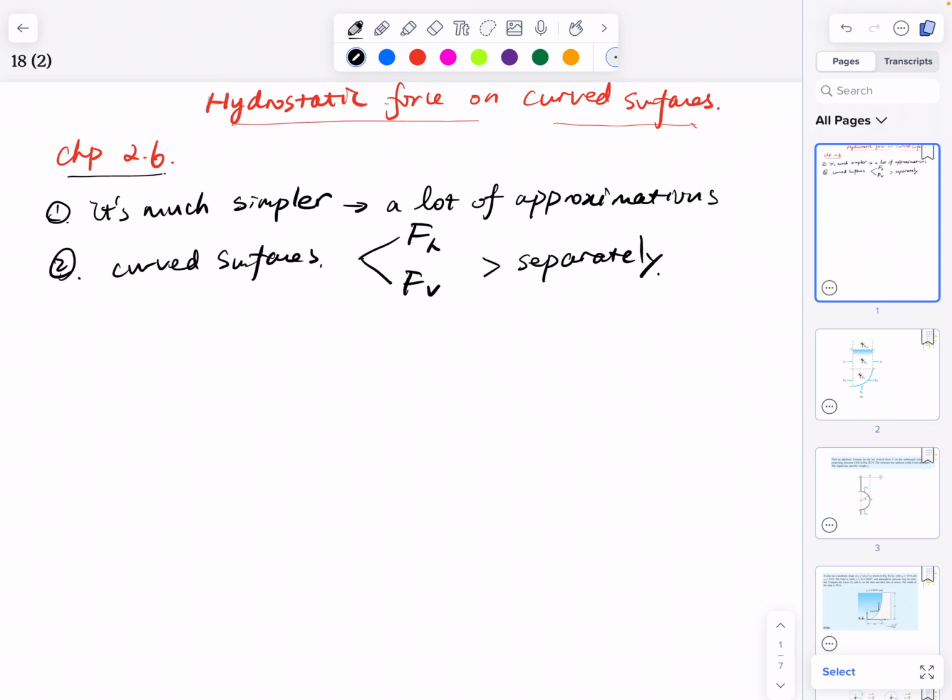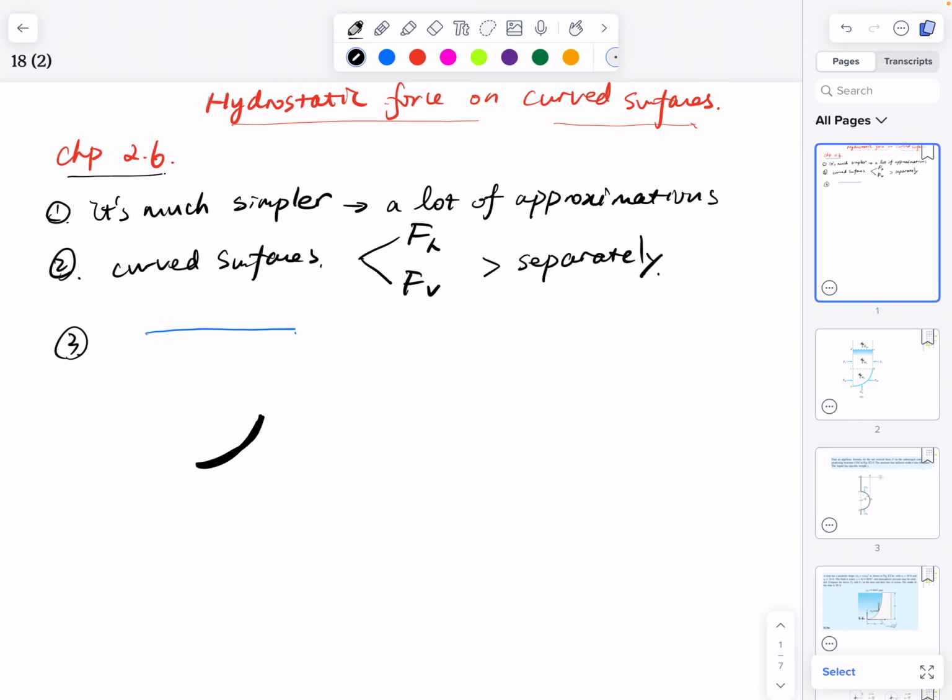So usually, for example, you have a curve. Here is the water, the surface of the water, and then you have a board under it.